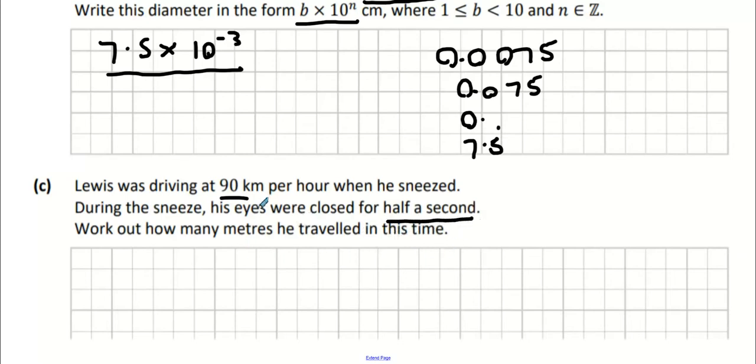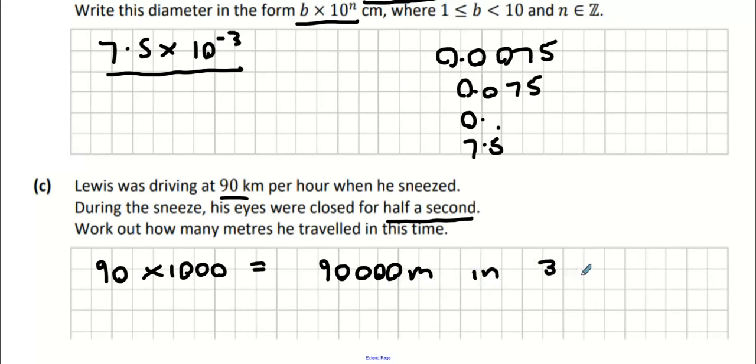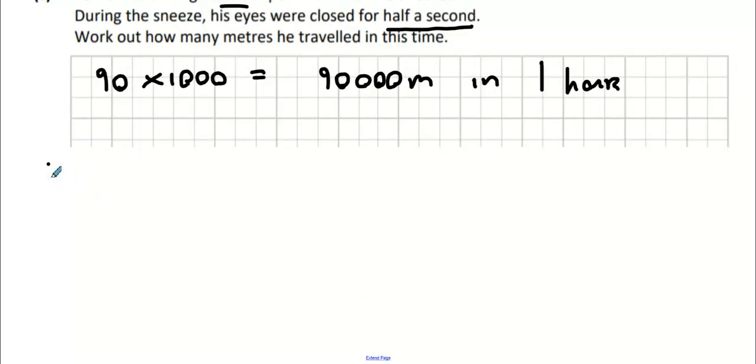So 90 kilometers is 90 multiplied by 1,000, which would make it 90,000 meters. So 90,000 meters in 1 hour. Now we've got to change 1 hour to seconds, and so in 1 hour you have 60 minutes, and in every 60 minutes you have 60 seconds.